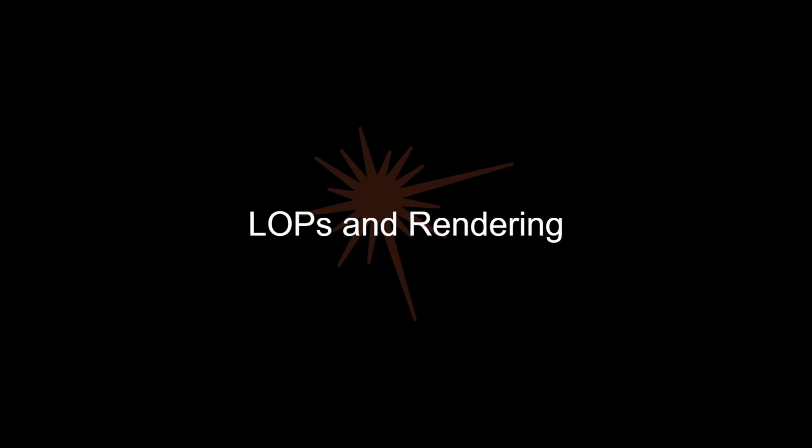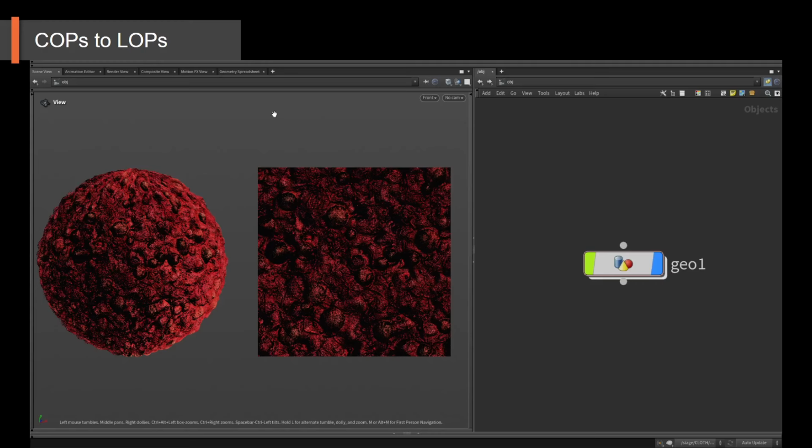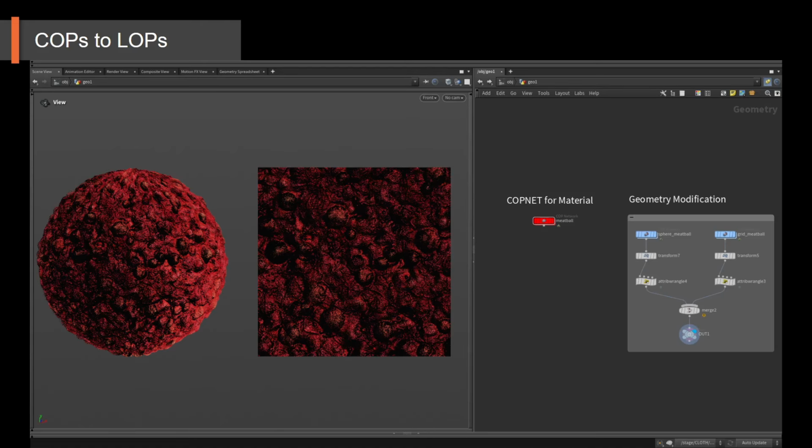And let me briefly introduce LOPs and rendering in this process. Usually I start my COP network inside a subnetwork. So in this Geo1, I have my COP material network, and this is for post modification.